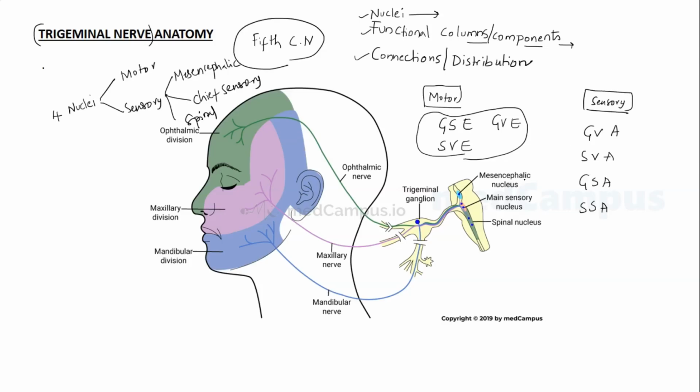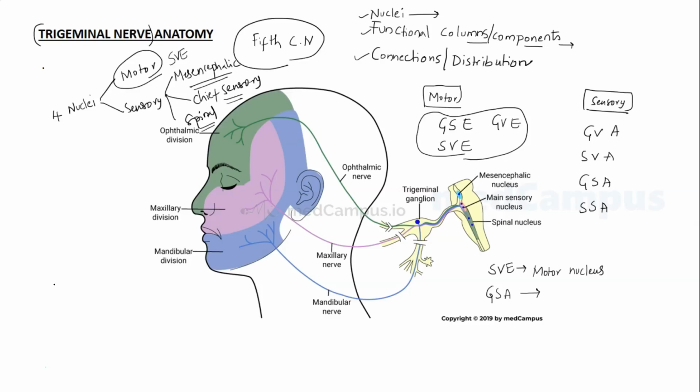The motor functional column comes from SVE, special visceral efferent, which arises from the motor nucleus of trigeminal nerve. With regards to the sensory part, we have general somatic afferent, which gives rise to three nuclei, that is mesencephalic, chief sensory and spinal nuclei.